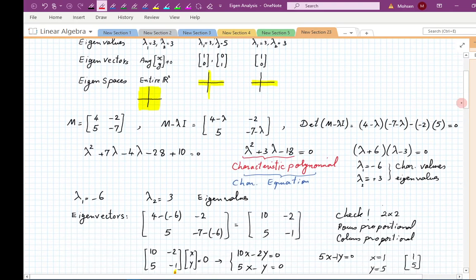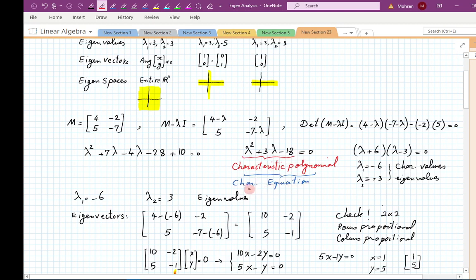So matrix, subtract lambda from the diagonal, multiply in a cross pattern and subtract, set equal to 0, clean up, make sure your algebra is done right. You get an equation just like an equation back in high school. It has a name though. The side is called the characteristic polynomial.